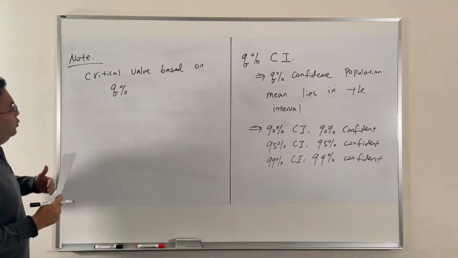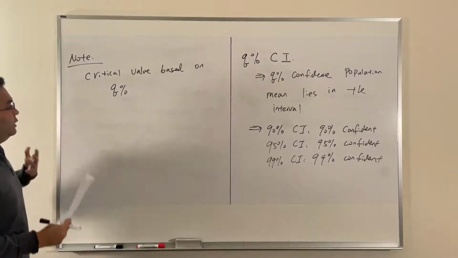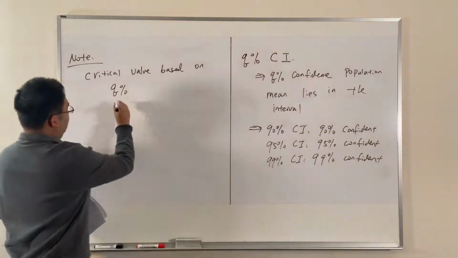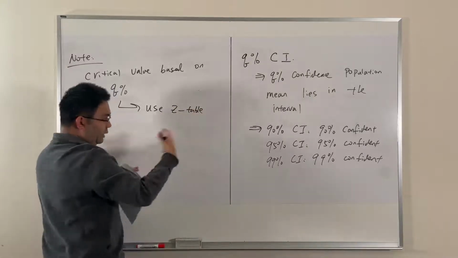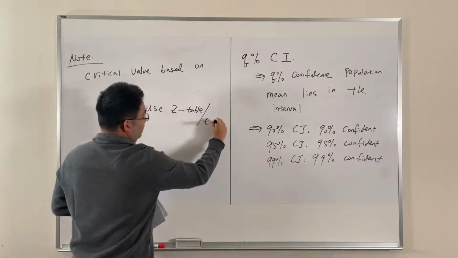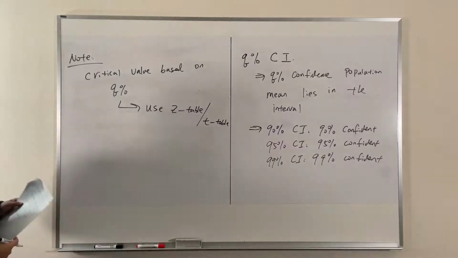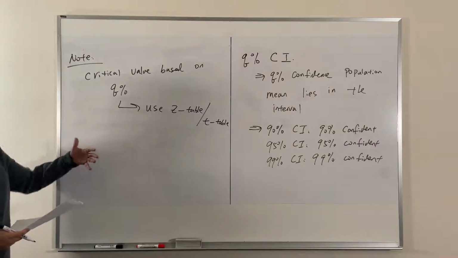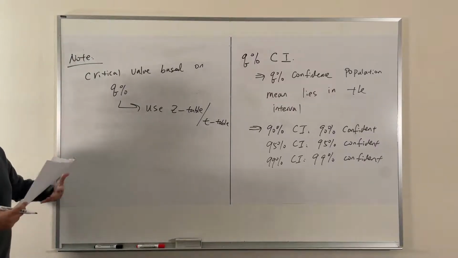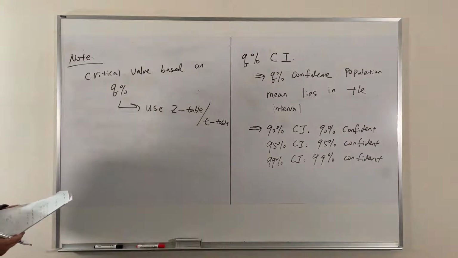The way you get it is you determine the number Q, and then you use your Z table to find your critical value. Or later we might use a T table. It depends on the scenarios that we'll discuss in the next video. So you decide the Q percent you want, and then you use the Z table or T table to find your critical value. Next, let me demonstrate this using a distribution.